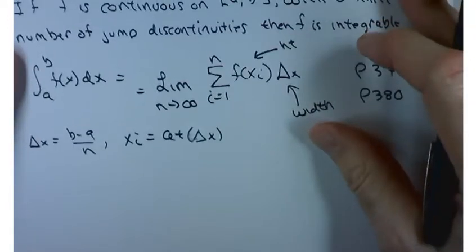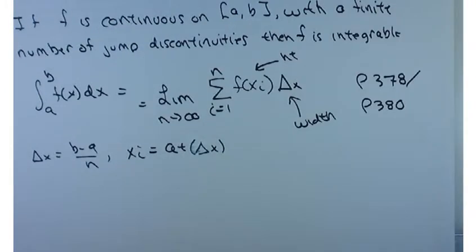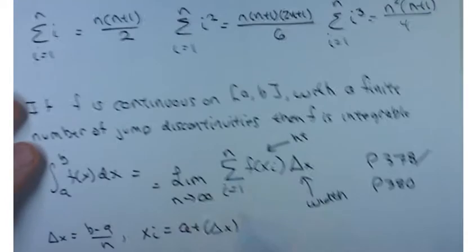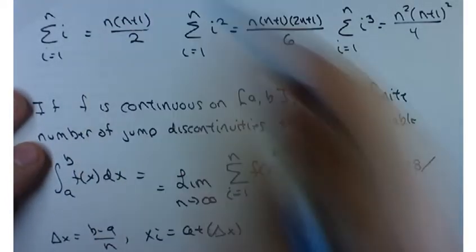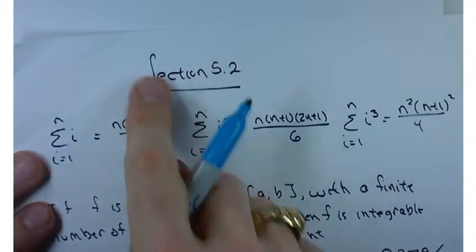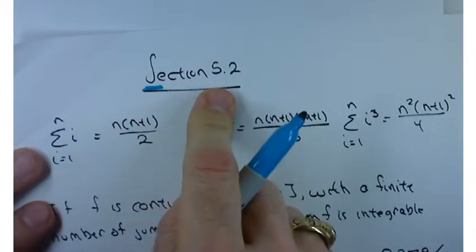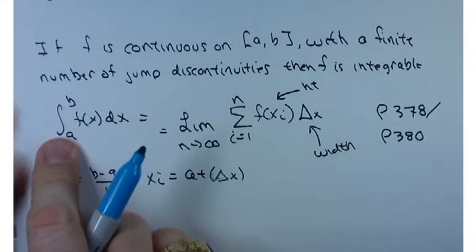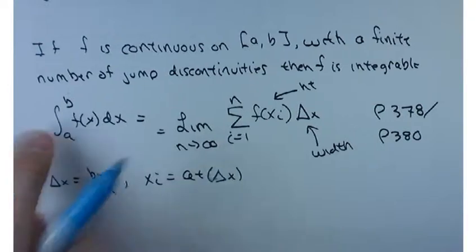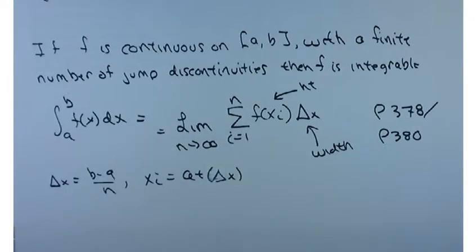Now, there's one other thing that I want to point out here. All semester long, in fact for many semesters, if you've had me in my class, I've been playing this perpetual joke on you guys. I've been writing section 5.2 with our little integral symbol. And the funny thing is, that integral symbol, even though it's what we use, was not invented by Newton, who invented calculus.